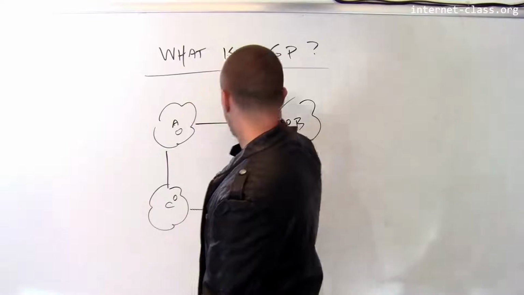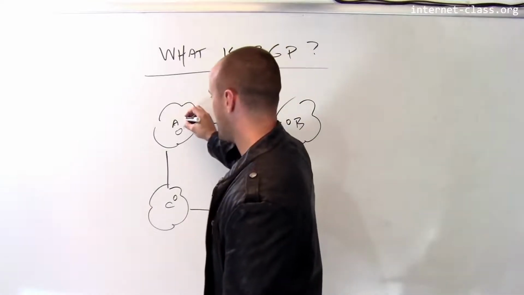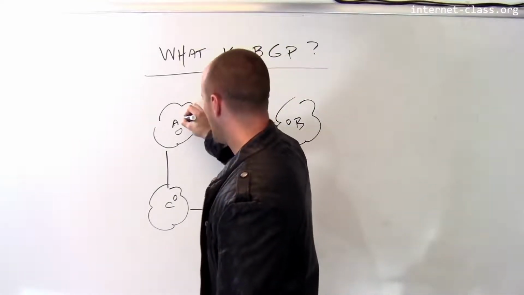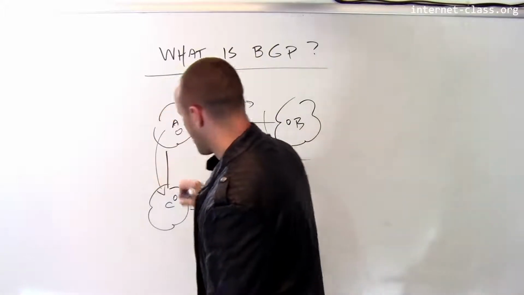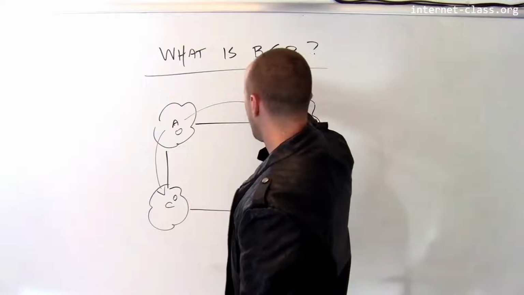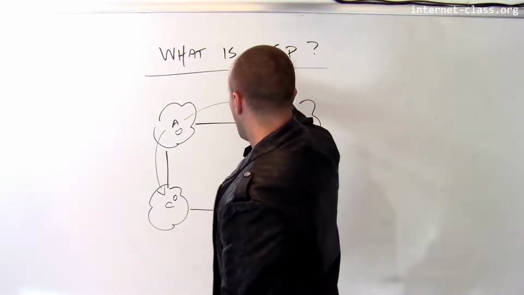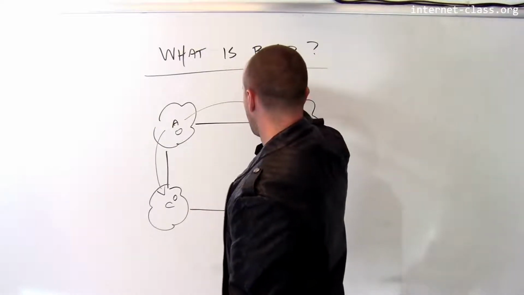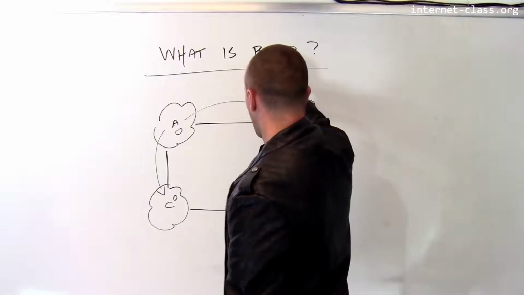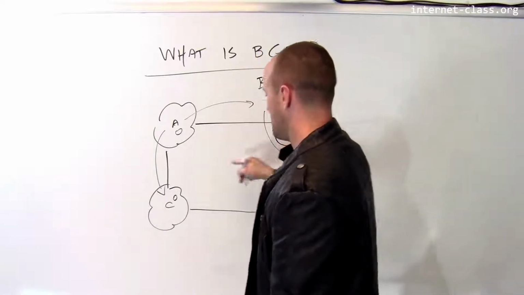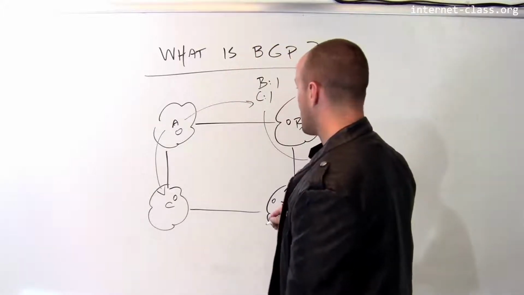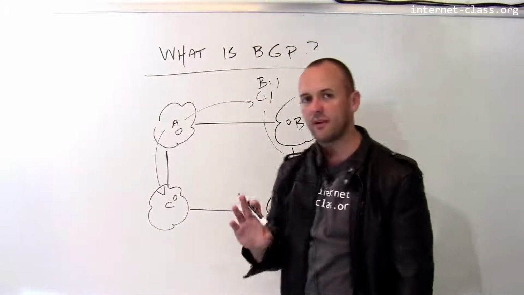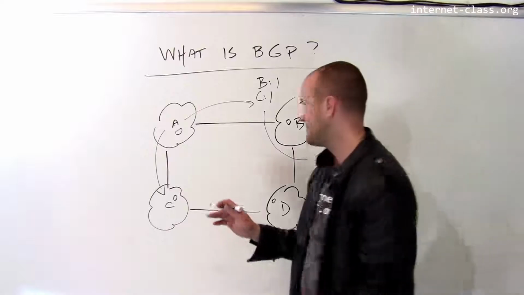For example, the router inside A would send a message both to the router in B and to the router in C. That message would say, I know how to talk to B, and I have a 1-hop link to B, so I'm directly connected to B, and I also know how to talk to C. At this point, when the protocol is bootstrapping itself, that's what it sends.